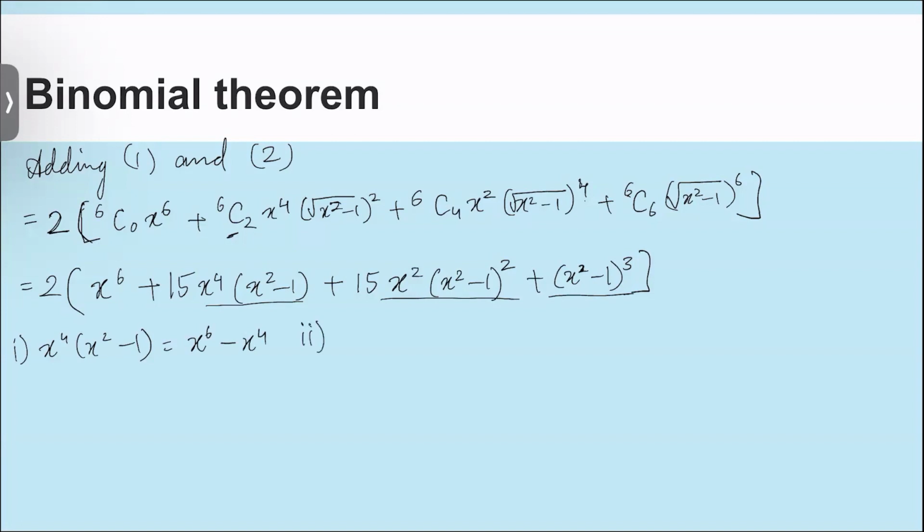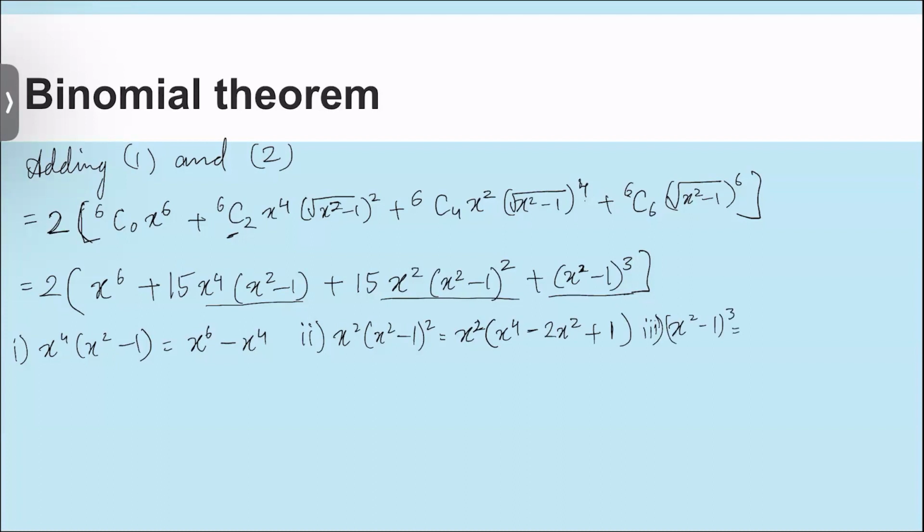Then the next one is x squared minus 1 the whole square. So that will be x squared into x squared, you have x raised to 4. Then you will have minus 2ab, so 2 into x squared. And then you have plus 1. Okay. Then the last one is x squared minus 1 the whole raised to 3.